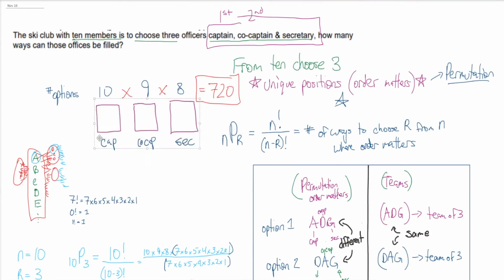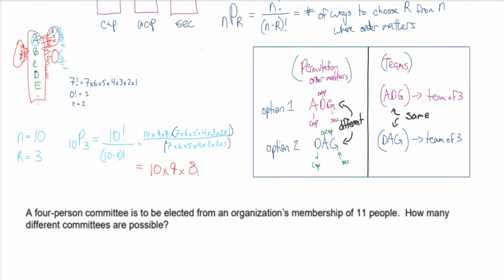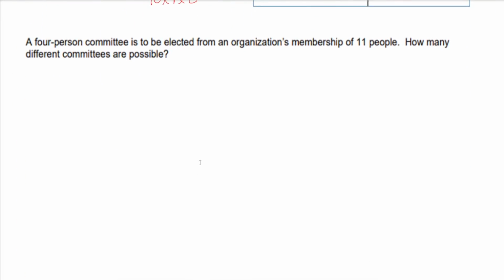Well, how many choices are you making? Right? It's kind of the math. So what we recommended was we create these little slots, these little spots where we say, okay, this is the spot where the captain goes, this is the spot where the co-captain goes, this is the spot where the secretary goes. Making these questions visual is a really, really good trick. Okay? It's an easy one too. People often don't take advantage of it.